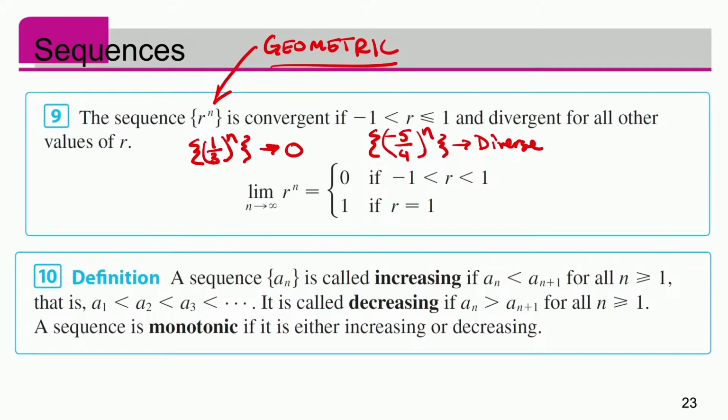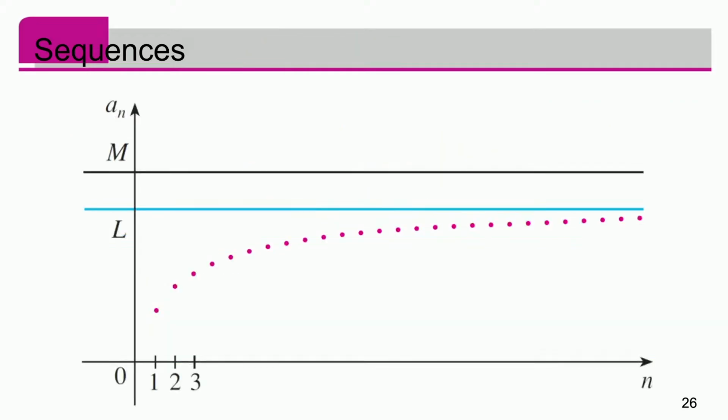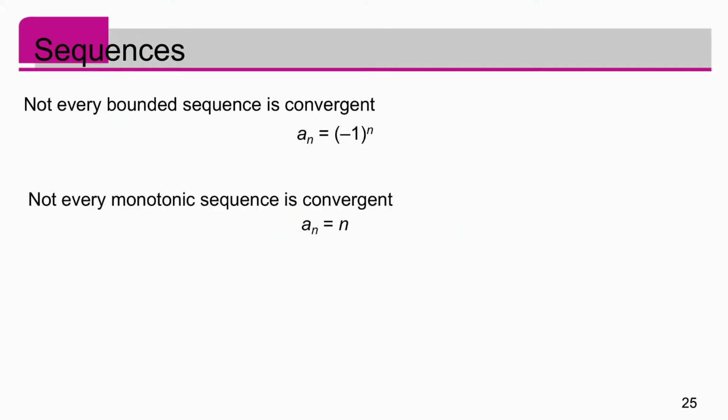So increasing, decreasing, and then monotonic means that it is going one direction. Monotonic, one direction, either increasing or decreasing. That's all we care about with monotonic. I don't have good pictures of decreasing, but I have another picture of an increasing sequence here. Let's see, is there anything else? Let's do this one.